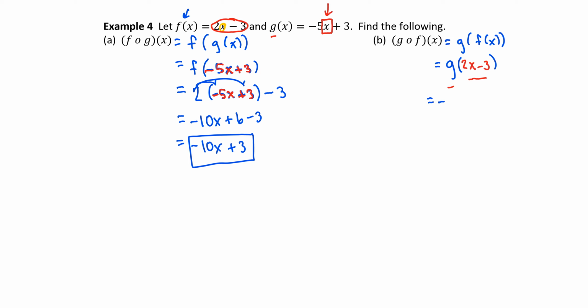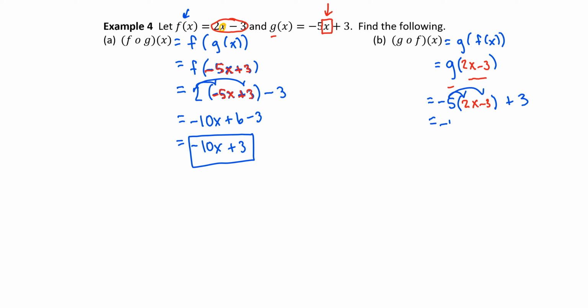So we end up with negative 5 times, here comes the stuff into the red box, 2x minus 3. And then everything else in the function stays the same. Okay, so we have in g of x, negative 5 times something plus 3. We have the same pattern here, negative 5 times my new something plus 3. So the overall details are the same. The operations, I'm just changing the argument. Okay, we are home free.